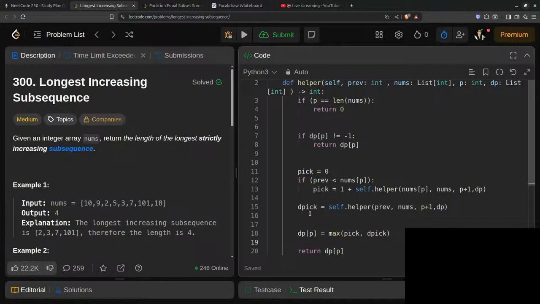But how do I know that DP0, DP1 is taking a lot of space in this case?